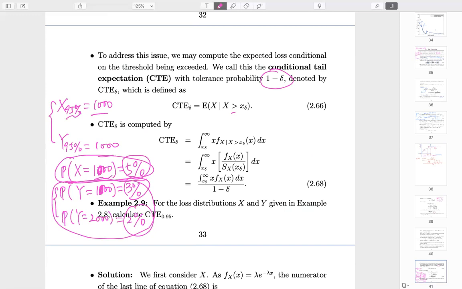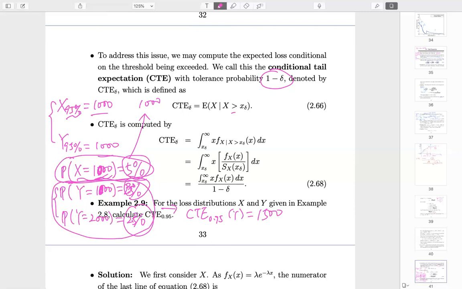In this case, since everything is located at 1,000, the mean is 1,000. For the tail part, if I only look at the 5%, I don't need to average, there's only one single point. But here, let's make things easy, 2.5 and 2.5. So the CTE for Y is actually 1,500, right?